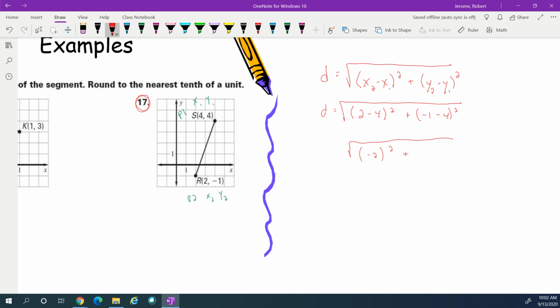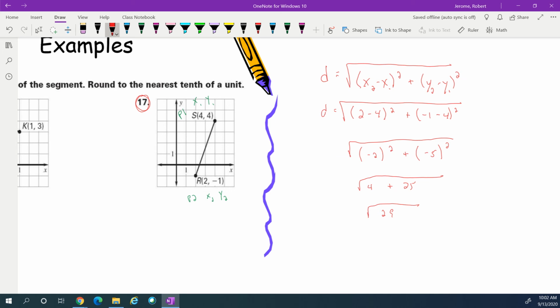Remember, don't drop your parentheses. We have to follow PEMDAS. -2 squared is a 4. Negative 5 squared is 25. That's going to give us the square root of 29.